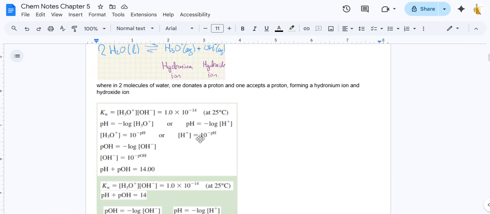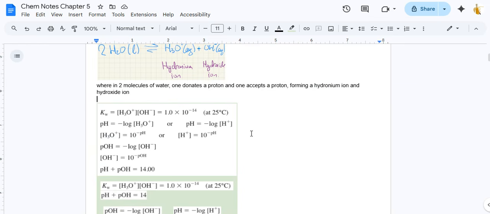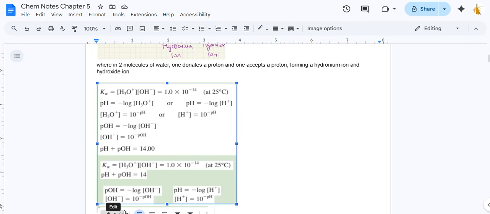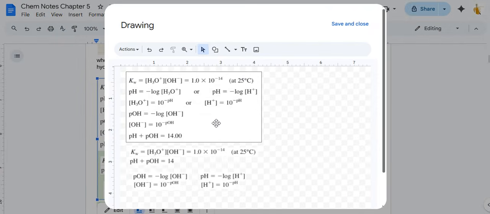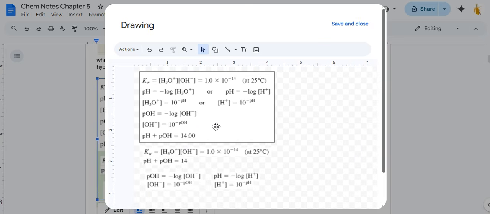And next are these equations on the equation sheet. I kind of just organized them in a different way. This and this, so these two are kind of the same equation, just written in P form. This one is just written in the P form. So the P is just a negative log of something, as shown here.